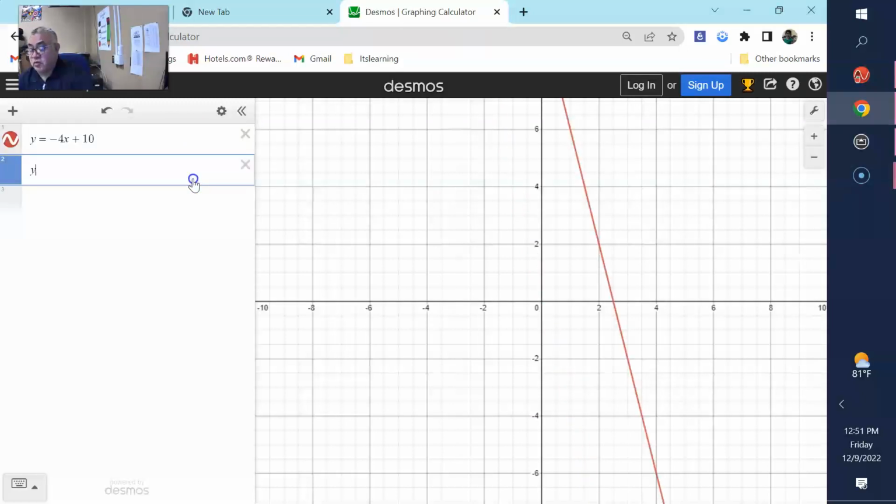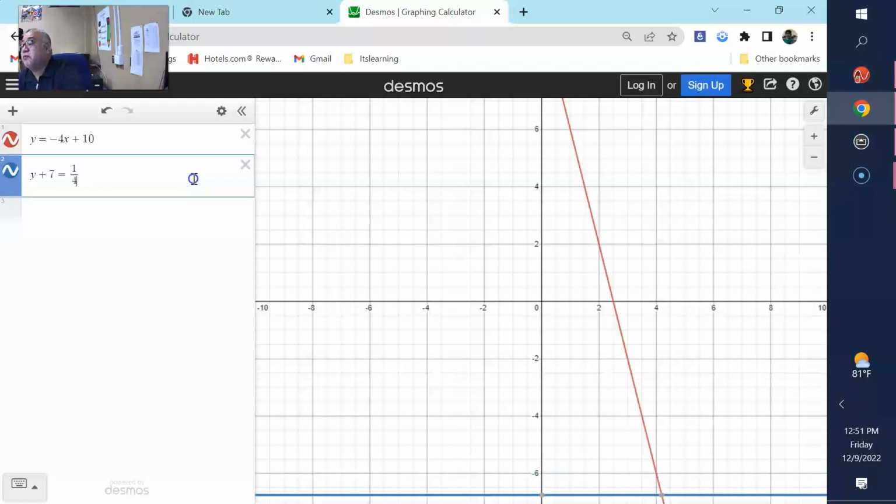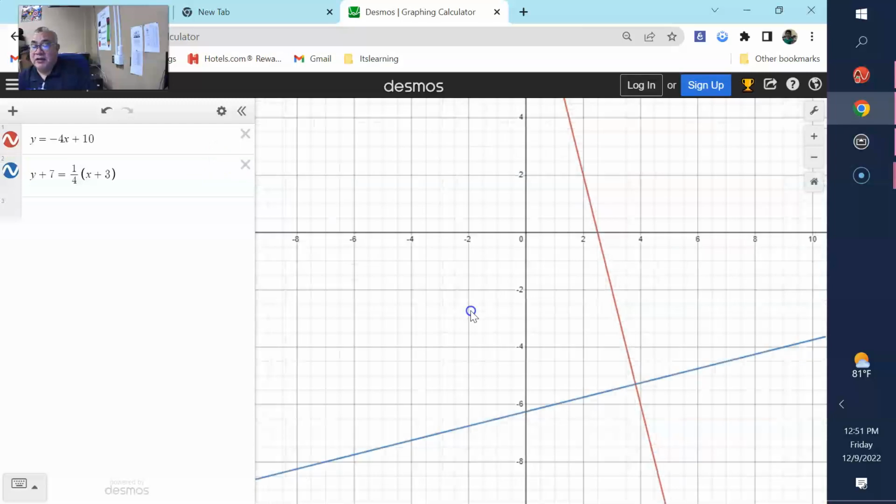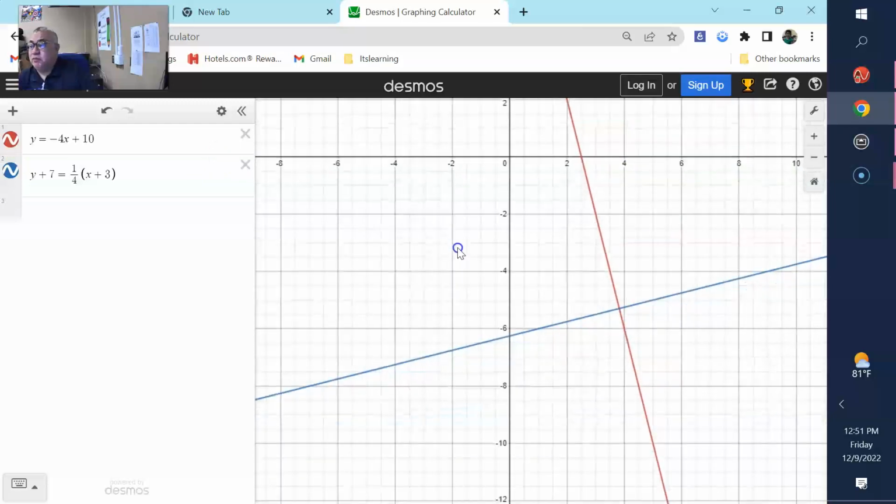And the other equation is y plus 7 equals 1/4, and then we have x plus 3. I know it appears perpendicular, but it is perpendicular. And you notice here that the two lines intersect, and it's a right angle.